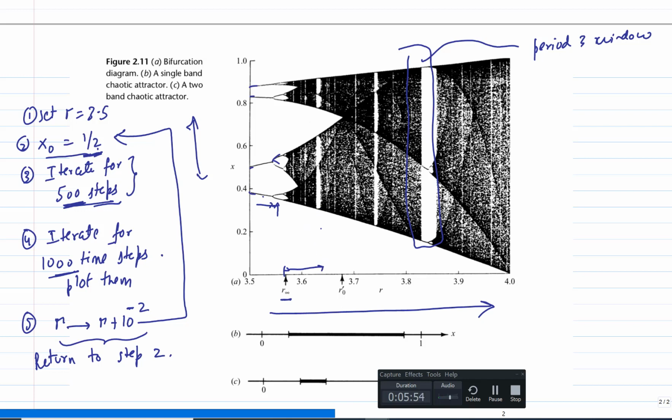And in between, as we crank up R, we show windows of, let's say, period P attractors interspersed between chaos, and we get all this pattern going towards R equals 4. In between chaotic regions, we have windows where a period P, in this case a period 3 orbit, becomes stable, so on and so forth. So that essentially is the bifurcation diagram, or the orbit diagram for this particular map.